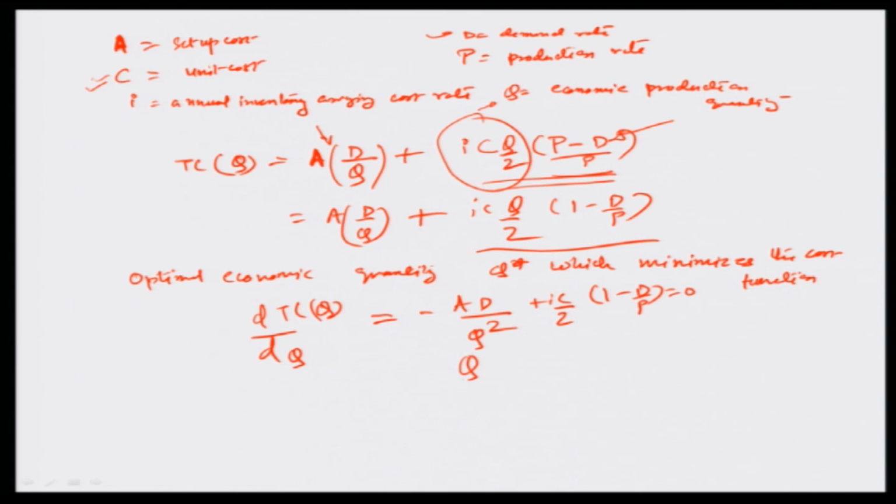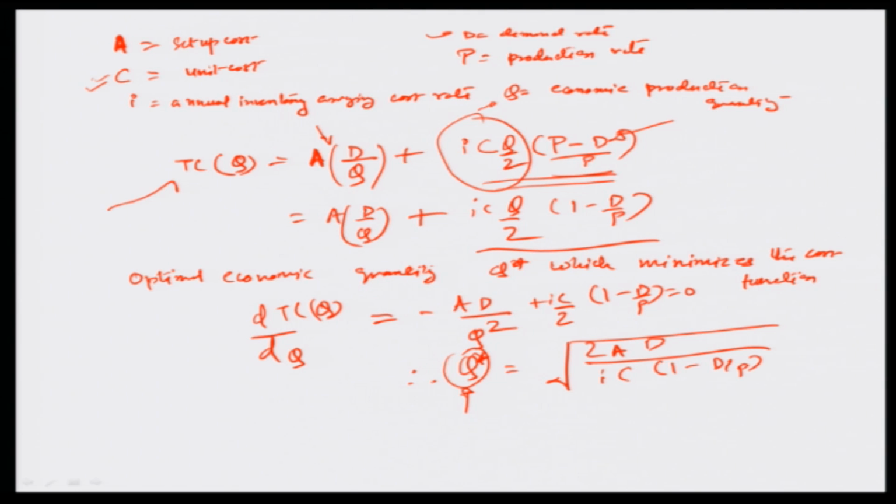And so, the economic order quantity Q star comes out to be equal to the square root of 2AD divided by IC (1 minus D by P). So, that is how you can define the total economic production quantity.